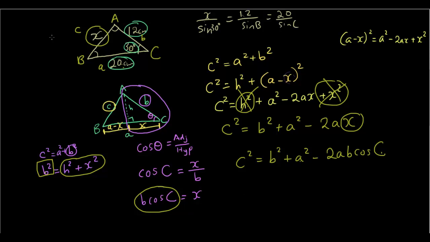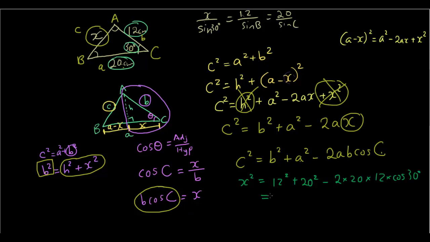So applying the cosine rule to this problem, I have x squared equals 12 squared plus 20 squared minus 2 times 20 times 12 times cosine 30.